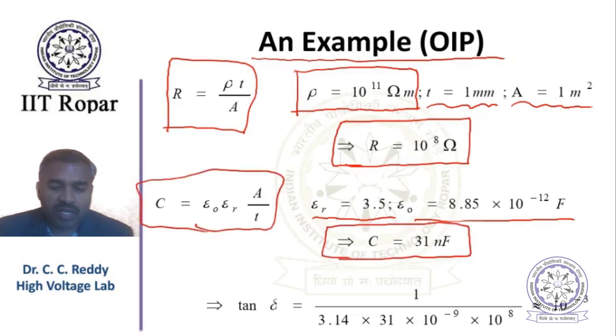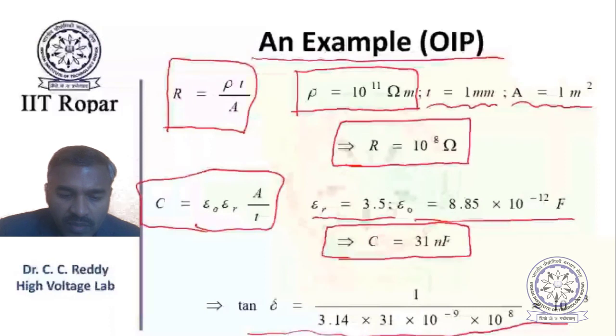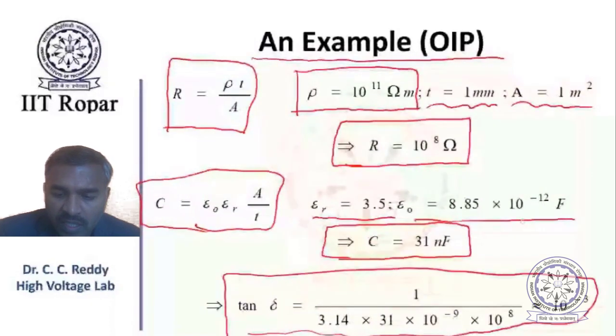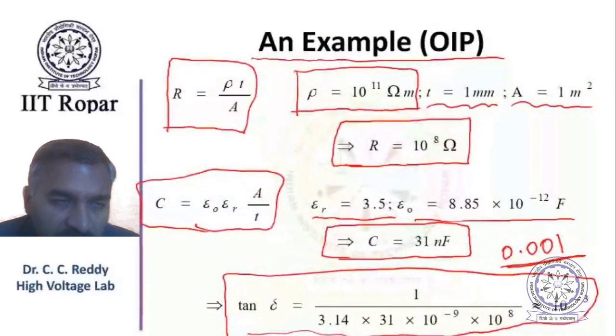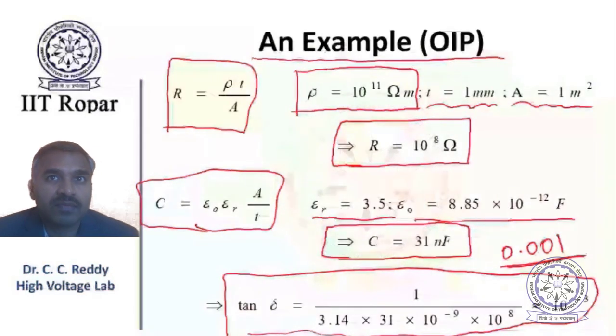So if you calculate tan delta, 1 by omega C R for parallel representation, it turns out to be 10 to the power of -3. Means what? 0.001 tan delta. What are the units of tan delta?